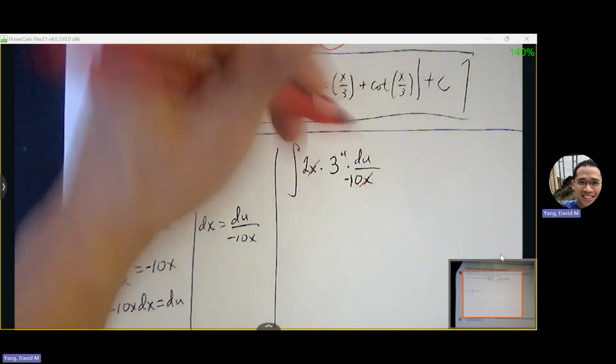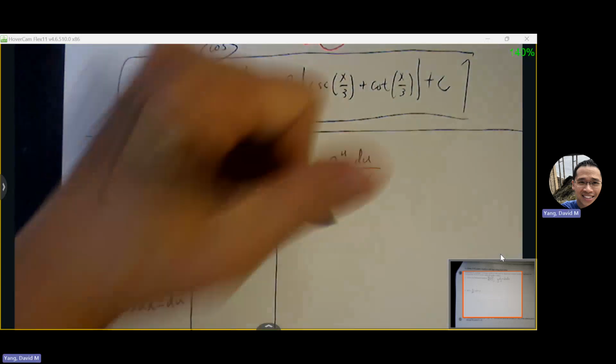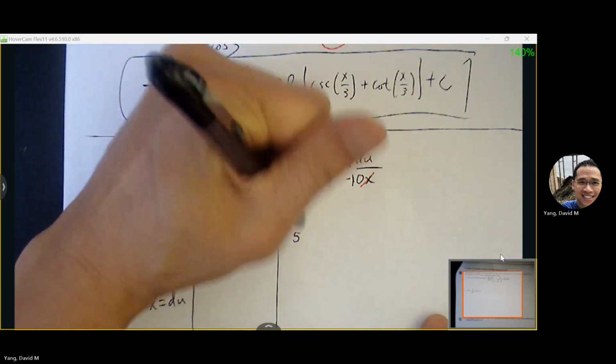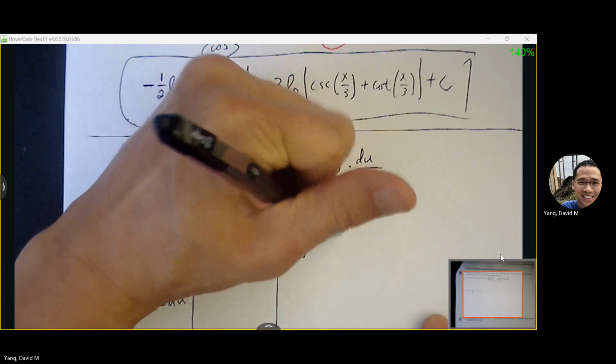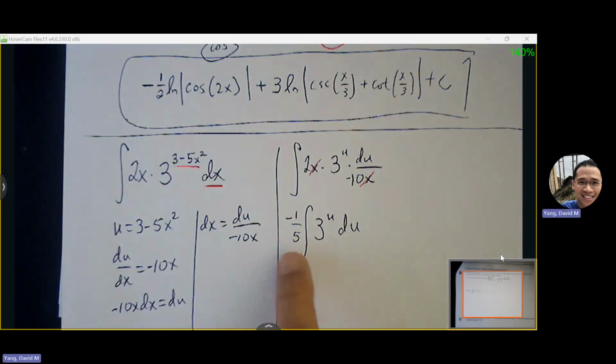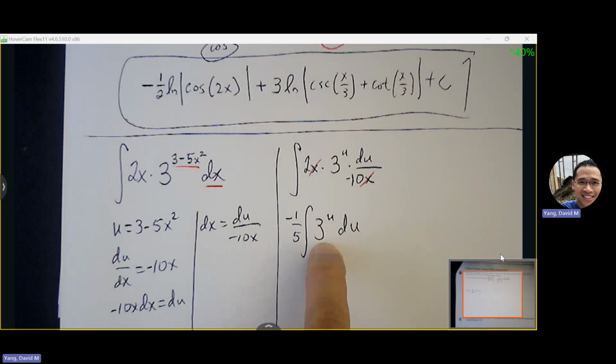The x's cancel out. 2 over -10 is -1/5. I want to make sure that we understand any coefficient with an exponential function is not compatible. We can't make this -3/5. Okay, this is its own thing. Even though this looks like just a 3 here, it's not really a 3. It's 3 raised to an exponent.